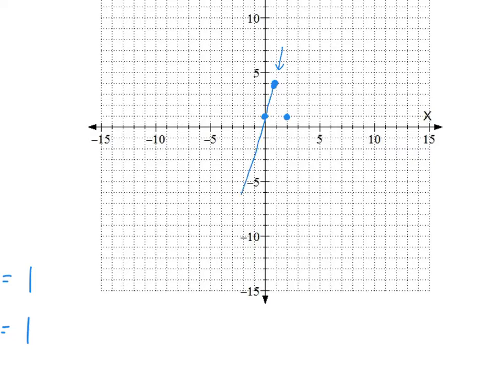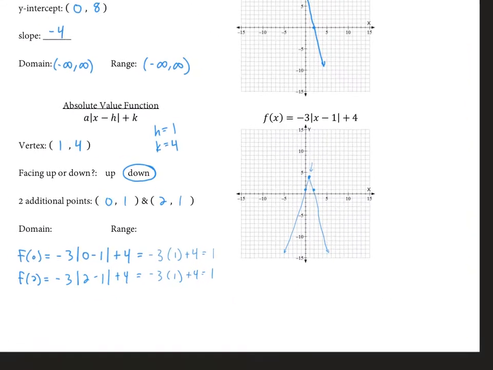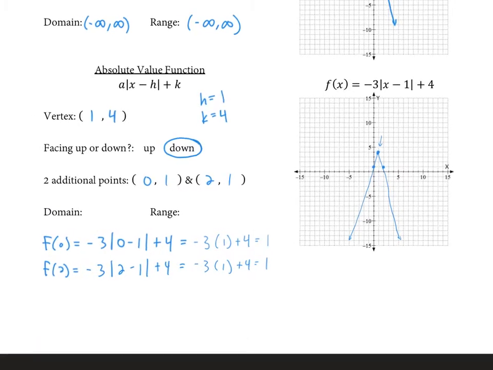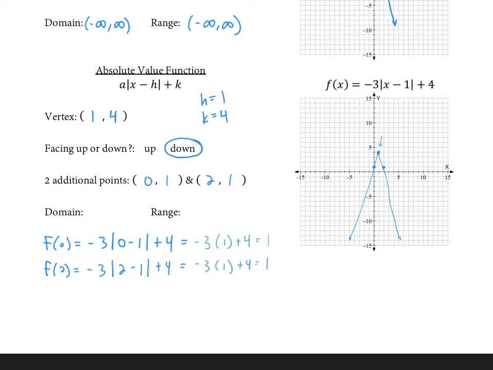Kind of goes like this and like this. Okay, domain. You can memorize for absolute value, domain's always negative infinity to positive infinity. Or you could look at the graph and see that this goes left forever and goes right forever. So that's negative infinity to positive infinity.